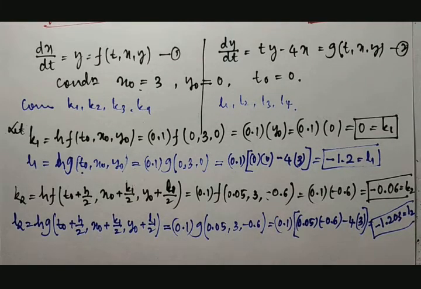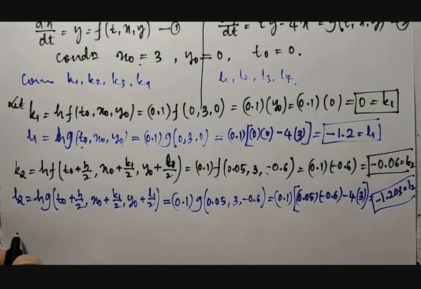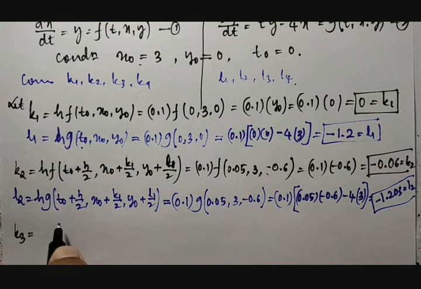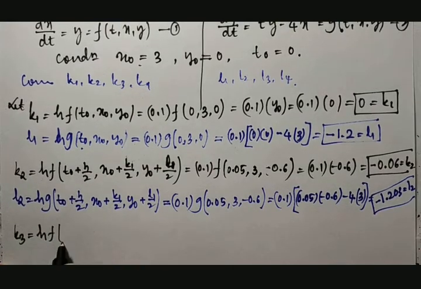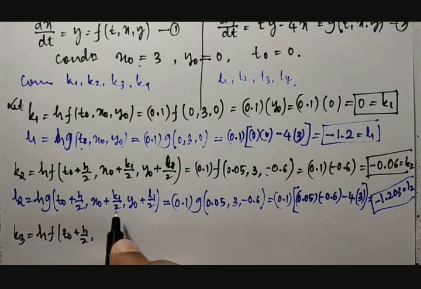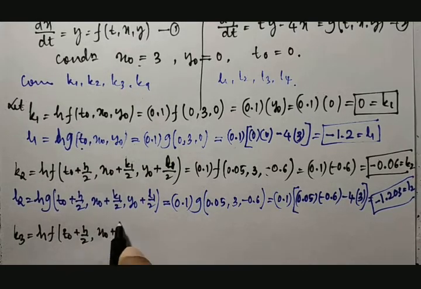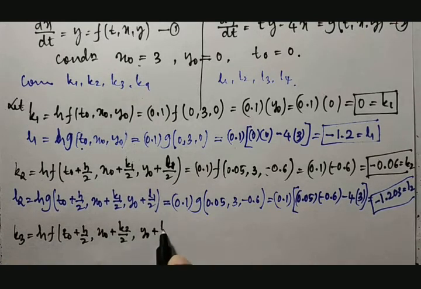Then K3. What is K3? K3 is equal to h into f of t naught plus h by 2, comma x naught plus k2 by 2, comma y naught plus L2 by 2.